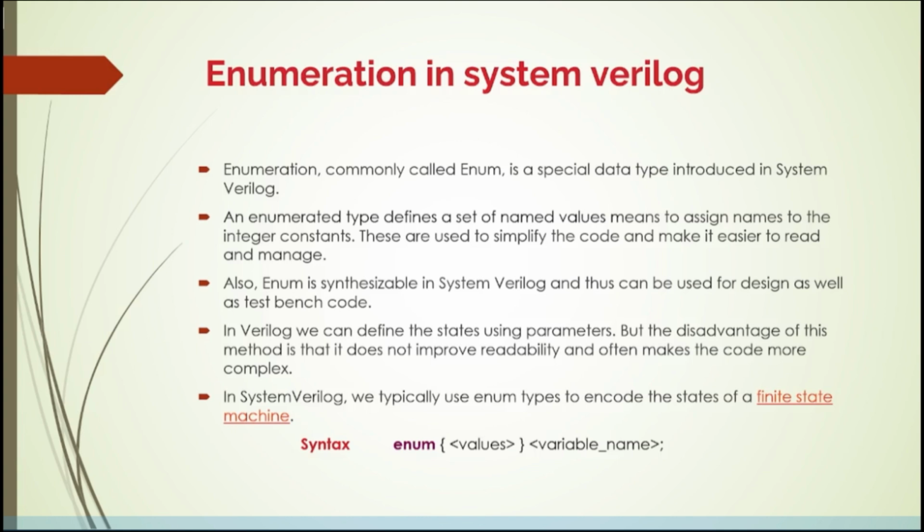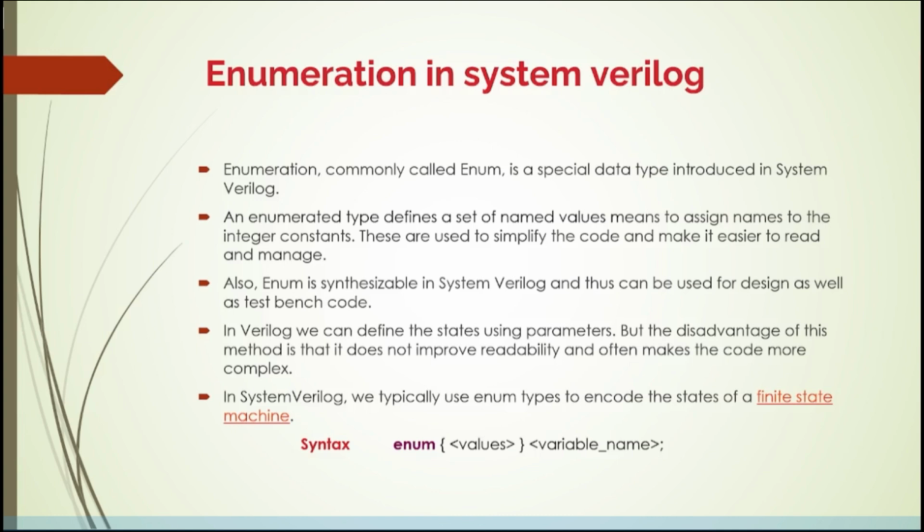Which is why enum was introduced in SystemVerilog. Basically, what enum does is name the integer constant. That means we are saying that 1 means red, 2 means yellow, 3 means green. Similarly, 100 means the first state, 101 means the second state, 110 means the third state. We are giving the states names.